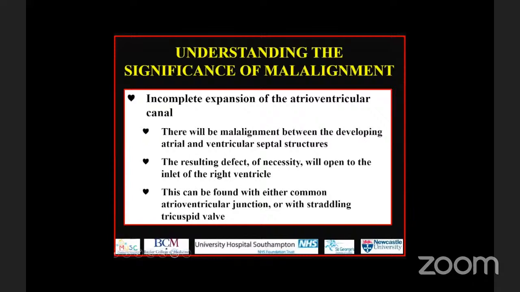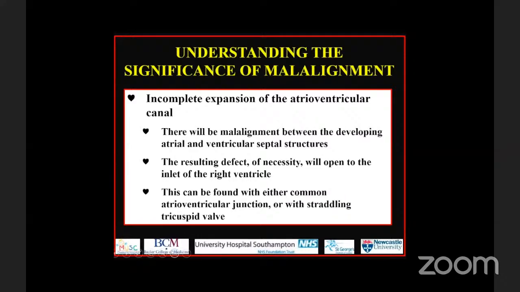But this can now occur following, again, the theme we are developing, with either a common atrioventricular junction, or if that atrioventricular junction has been separated into its right and left parts, there will be straddling of the tricuspid valve, which is guarding that right part.